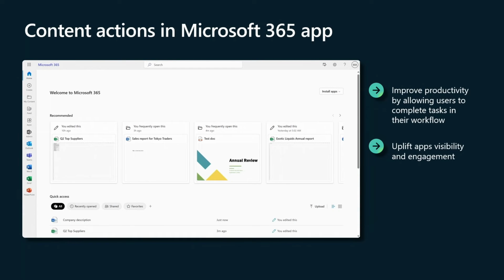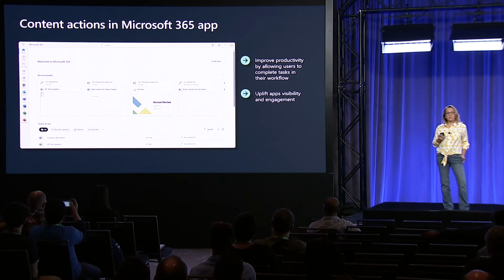My last preview announcement today is about content actions in Microsoft 365 app. Content actions are new, lightweight, and easy to use developer building blocks to improve productivity for your users by minimizing context switching. They also enable great ways to uplift your app's visibility and increase user engagement.